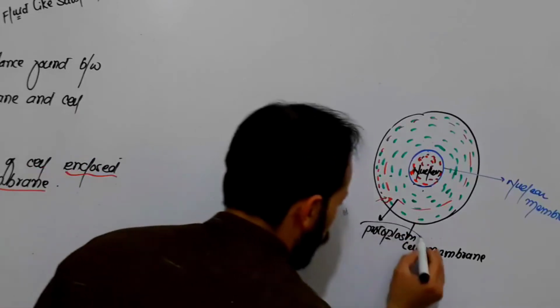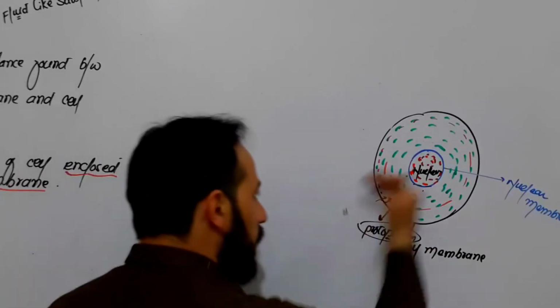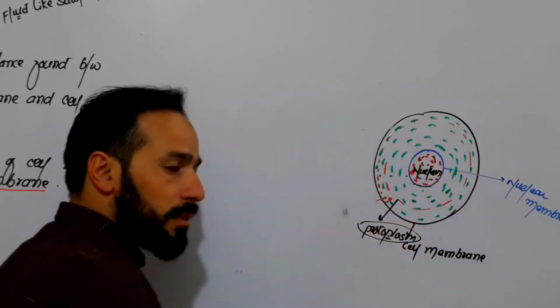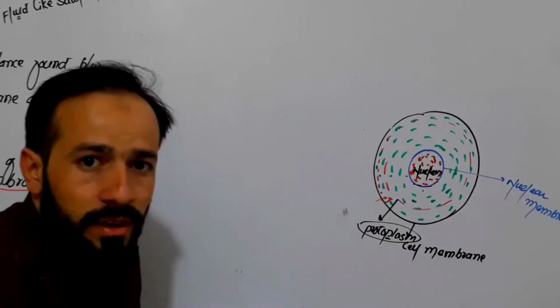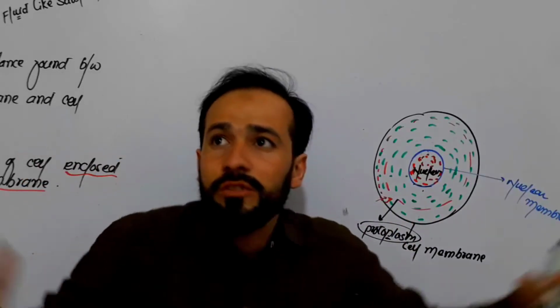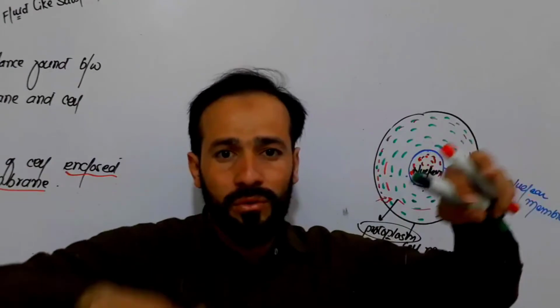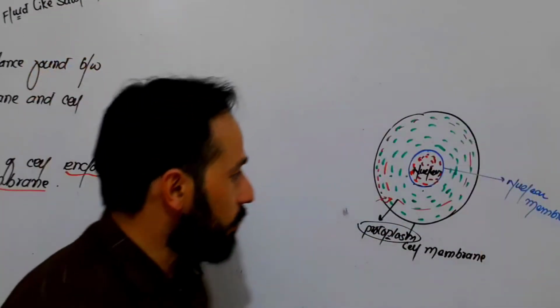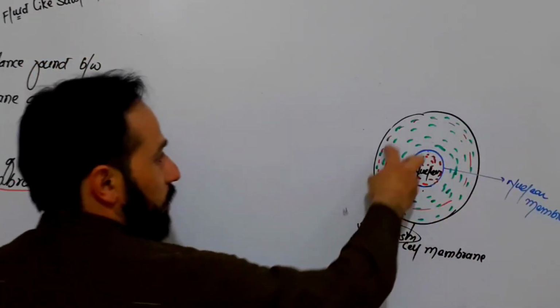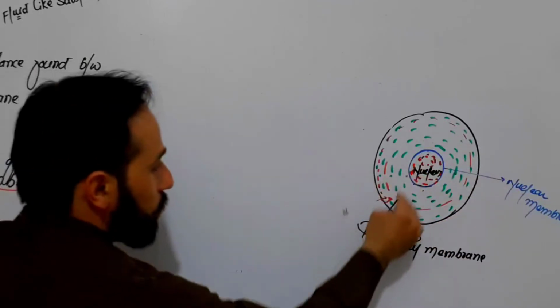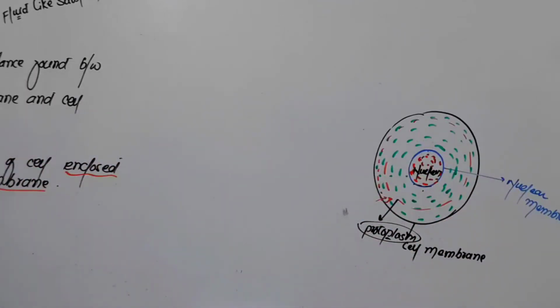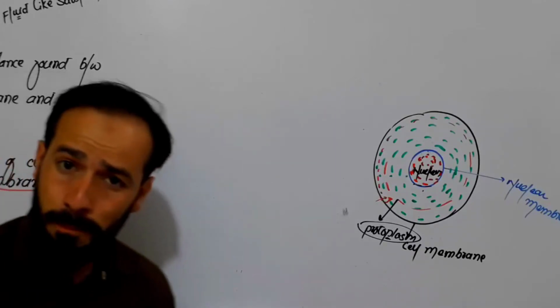Enclosed by means present inside, right? This room is enclosed by these walls, the floor and the ceiling. So this protoplasm or cytoplasm is enclosed by the cell membrane, and that is called the cytoplasm.